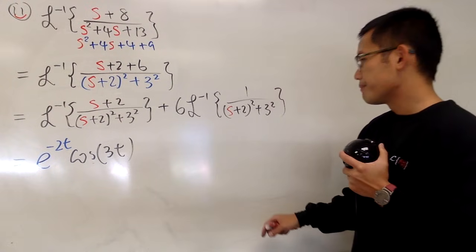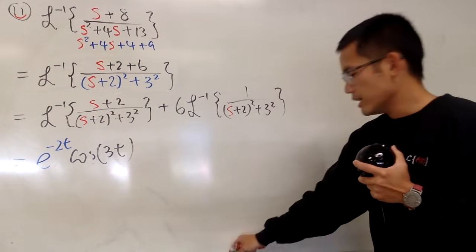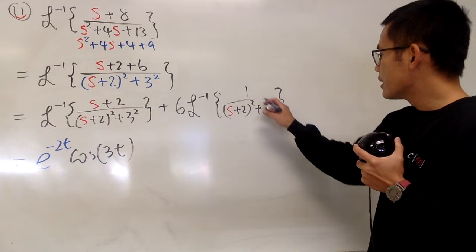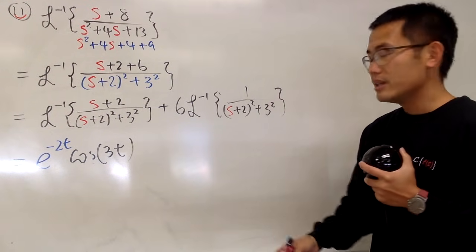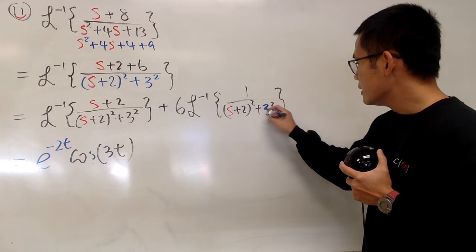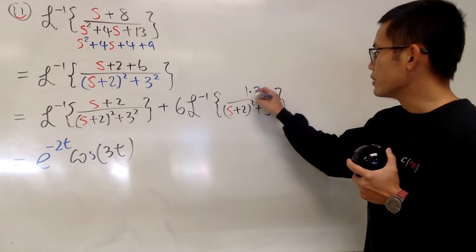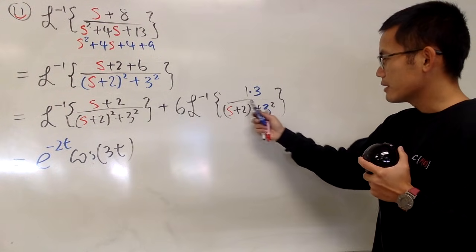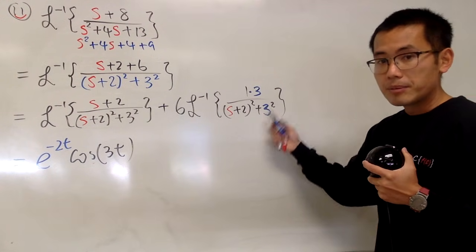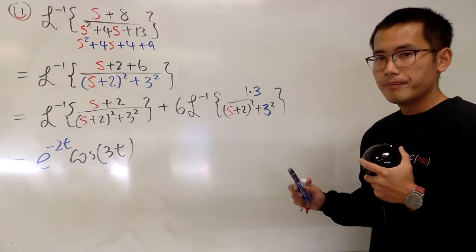Now, for this one, this is not ready yet, because on the top here, it's just 1. I really want to see a 3. Now 3 factorial is just 3, because this is the sine situation. It's b over something squared, right? The function squared plus the same number squared. So I really want to see the 3.